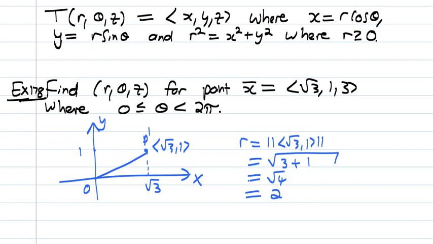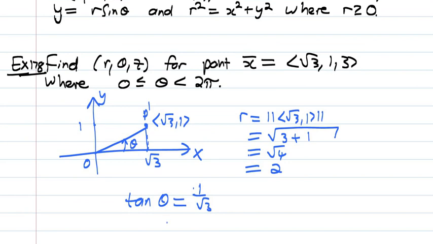Now we've got to work out theta. Now guys, it's very important that you draw the point, alright? You can see it's in the first quadrant, so you know that theta is going to be positive. Now, tan theta is opposite, which is 1, over adjacent, which is root 3. So it's 1 over root 3. And so that means that theta is equal to arctan 1 over root 3.